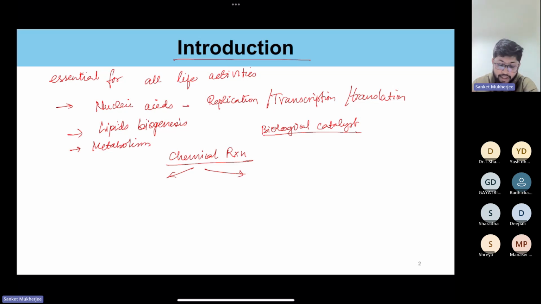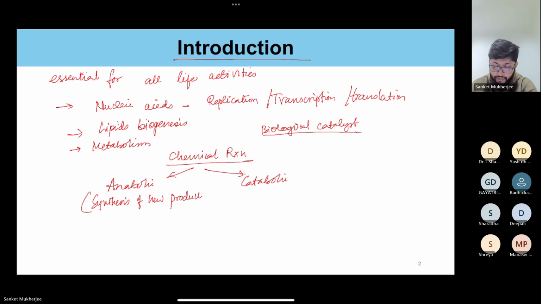They can be anabolic or catabolic. In anabolic processes, there is synthesis of new product. In catabolic processes, there is generation of energy.